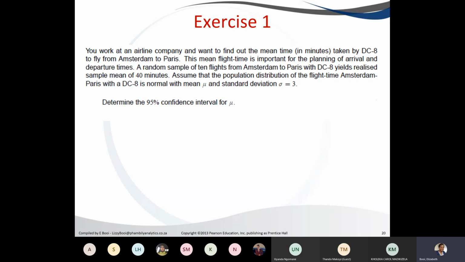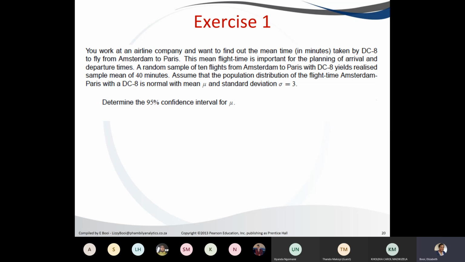You work at an airline company and want to find out the mean time in minutes taken by a DC-8 to fly from Amsterdam to Paris. The mean flight time is important for planning the arrival and departure times.